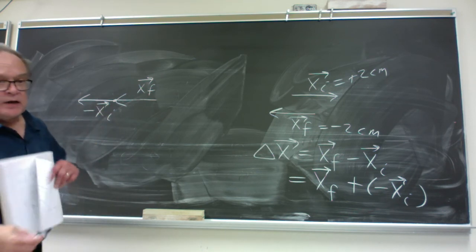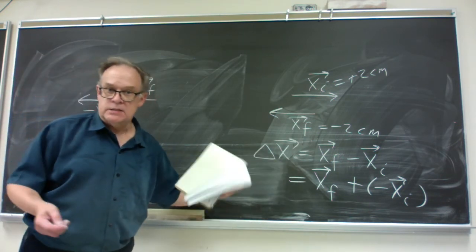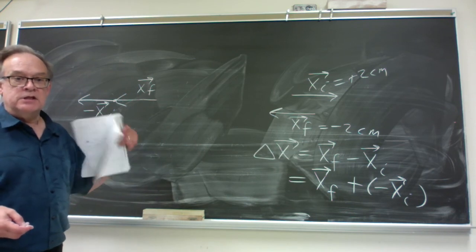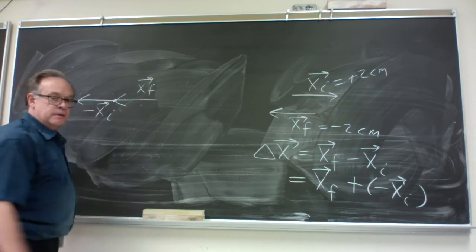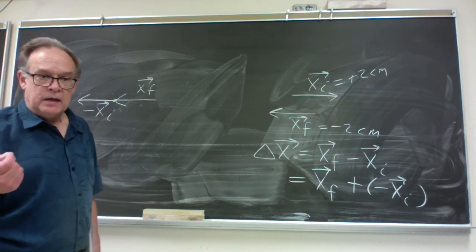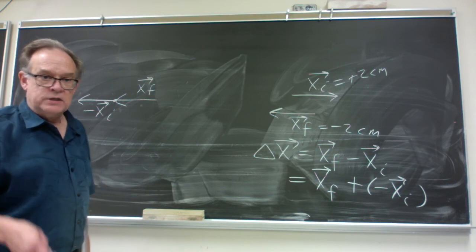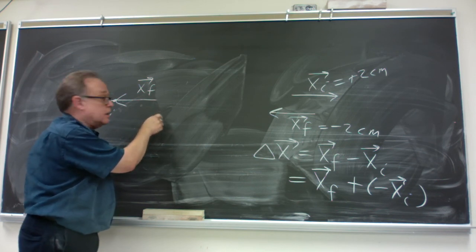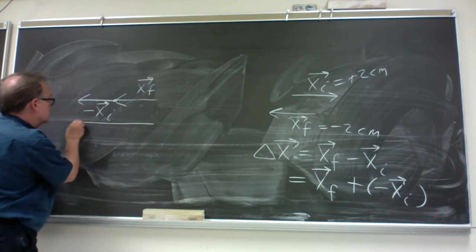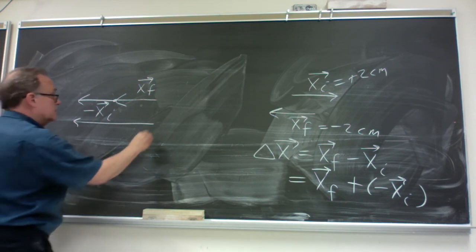And that sum, x final minus x initial, or x final plus minus x initial, is the displacement. Displacement is the sum of those two vectors, and you always represent the sum of vectors with an arrow that starts, remember what I just said a few minutes ago, at the tail of the first term in the sum, and then it goes directly to the tip of the last term in the sum.